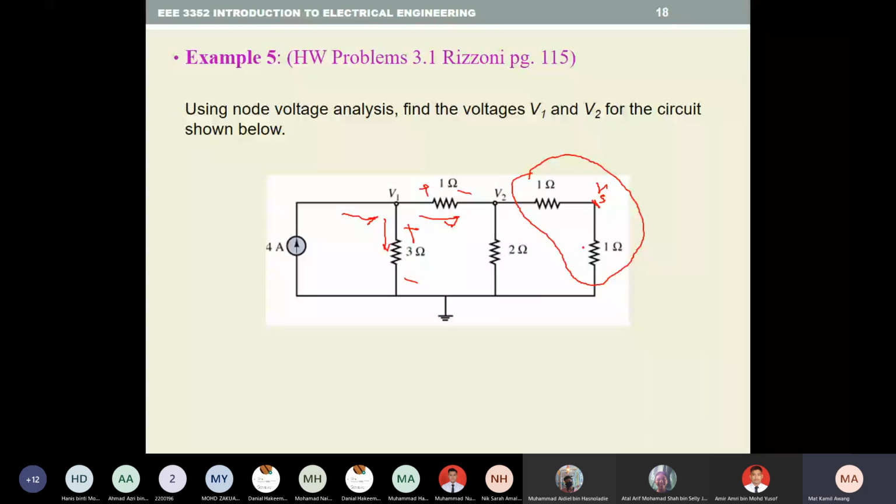It's a bit more complicated, but you will get the answer also. But the simplest one is that you can combine this because the question is that you want to find V1 and V2. Based on your knowledge of series resistors, you can combine this to be one resistor, which is 2 ohms. 2 resistors in series. Okay? So you need to be careful, right?